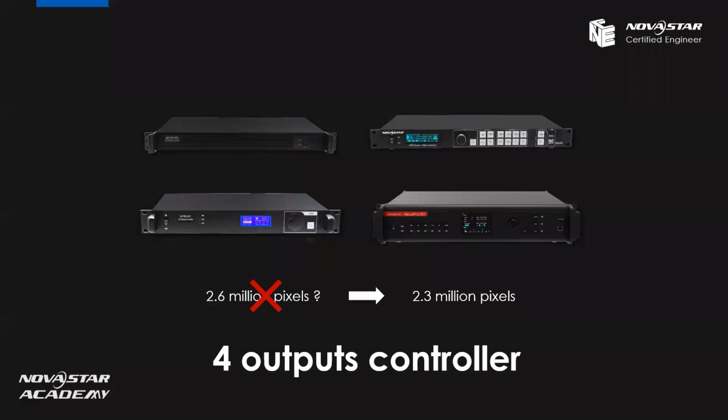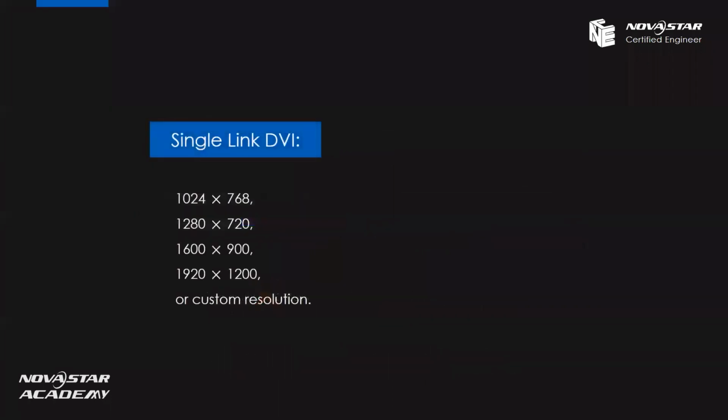Okay, I think maybe you have a question in your mind. Why can't I get all the capacity? Okay, let's check it out together. Now, all our normal products are using single-link DVI as input. And here we show you the commonly used single-link DVI input resolutions. And sometimes we also do some customized resolutions.